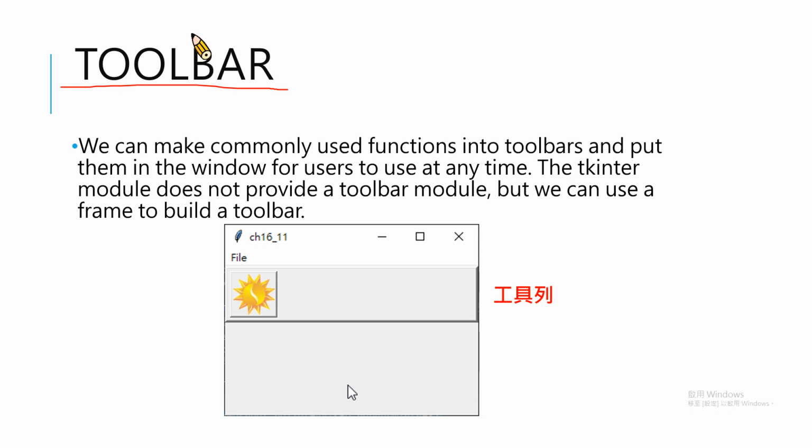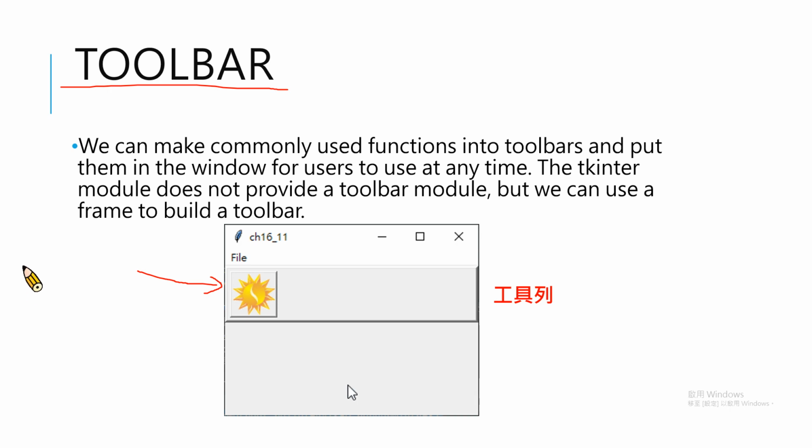But if you insist, if you like the toolbar so much, or if you really want a toolbar in the window program, there's a suggestion here. Use a frame. Actually, this is a frame. Use a frame to simulate a toolbar.